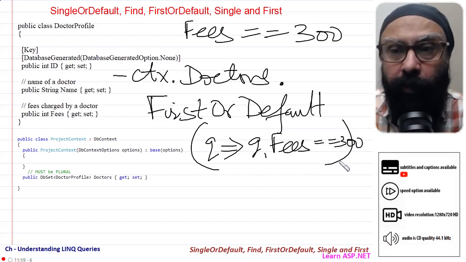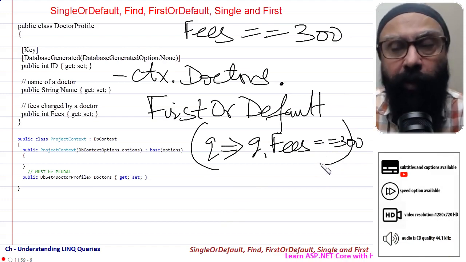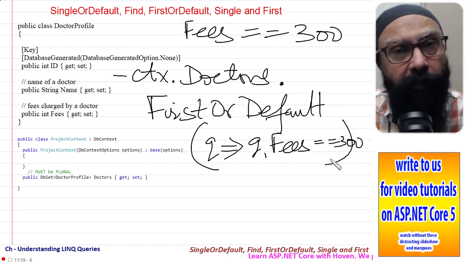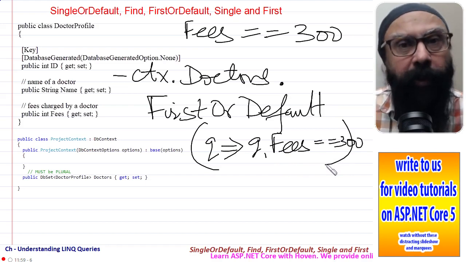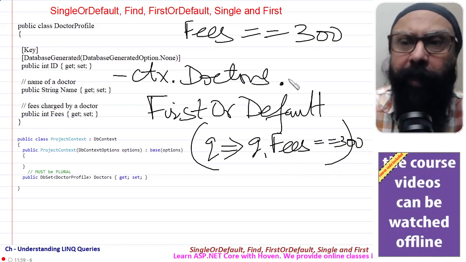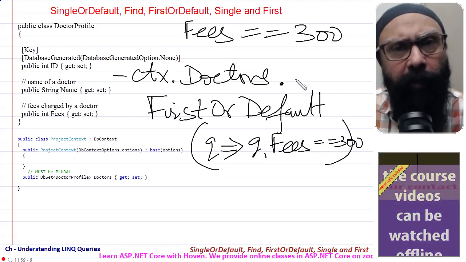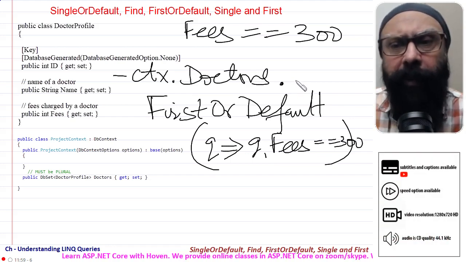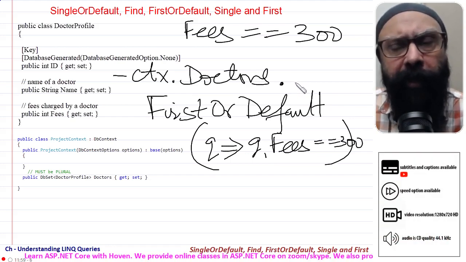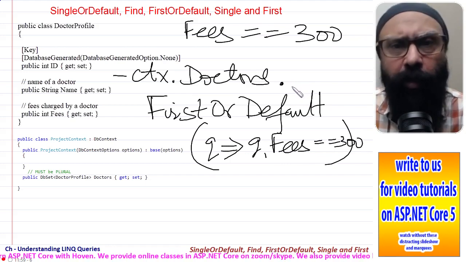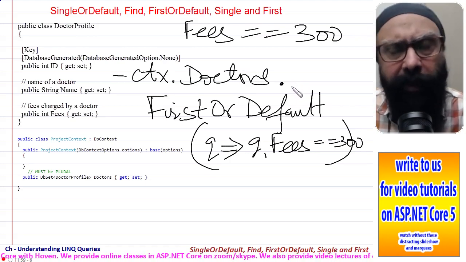Now what this will do is find the first doctor who matches this fees of 300. The ordering is default. You could have specified context.Doctors.OrderBy, which we will take later on, but let us suppose we are just interested in finding the first doctor by the default ordering of the SQL database, whatever it is.